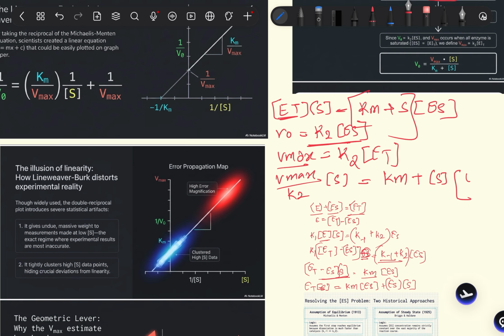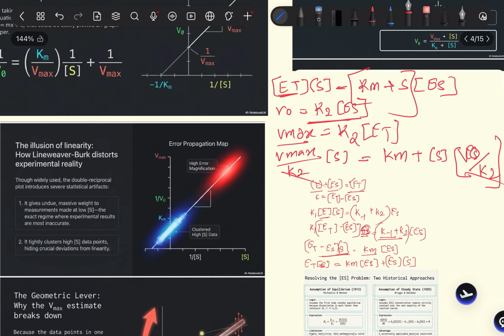So it is ES by K2. I'm sorry, V naught by K2. So K2 will be cancelled and you will get Vmax. I'm just making this equation towards this side. Vmax dot S by Km plus S is equal to V naught. So this is your derivation for the equation.